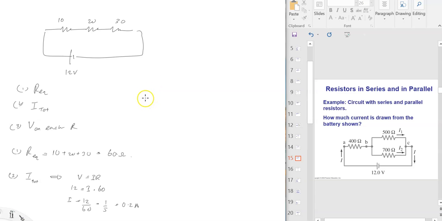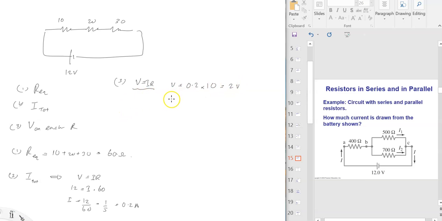Voltage on each resistor. First resistor, use V equals IR. The current is 0.2, resistance is 10, so 2 volts.